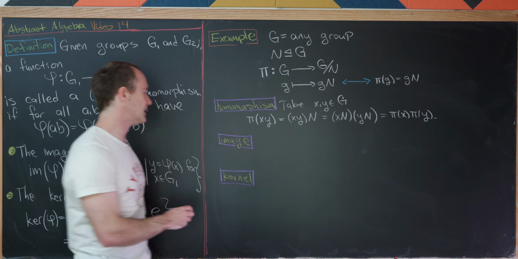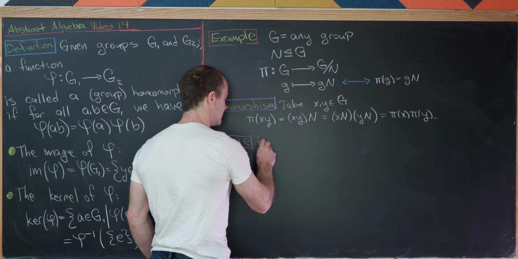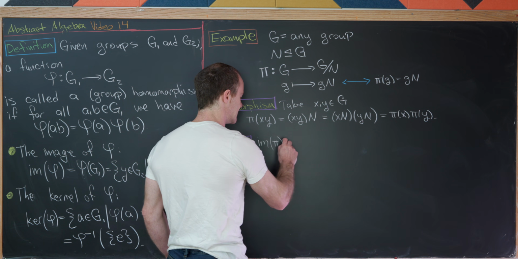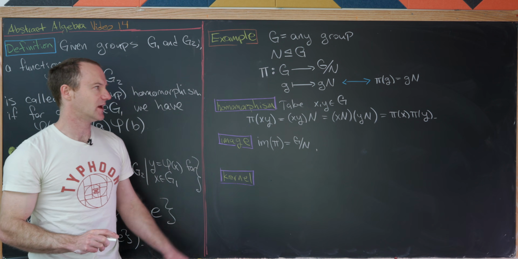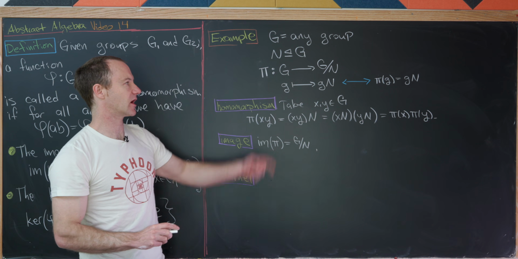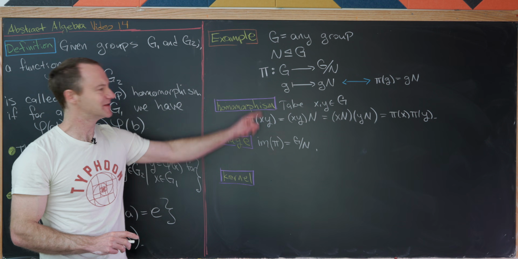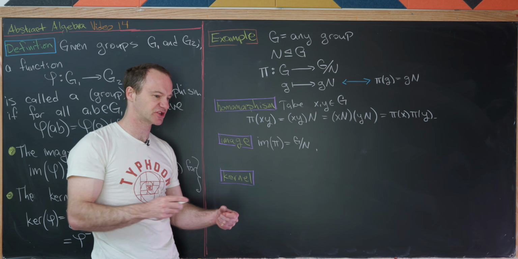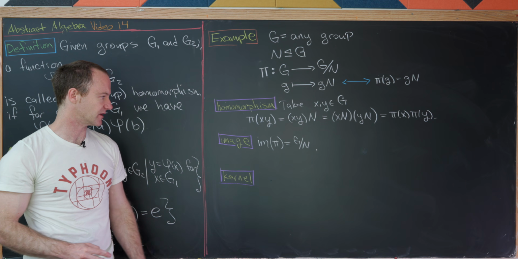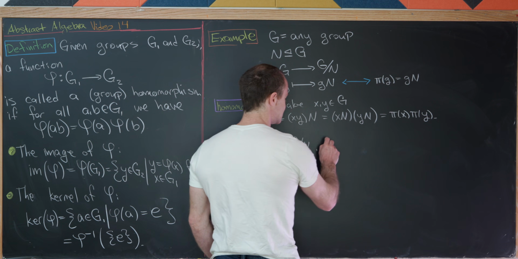So now let's make the following claim about the image. The image of pi is in fact everything. It's G mod N. And that's essentially just by our construction of this thing right here. This is sometimes called a projection map, but the word projection means we probably should hit everything. Okay, so let's see how to do this.